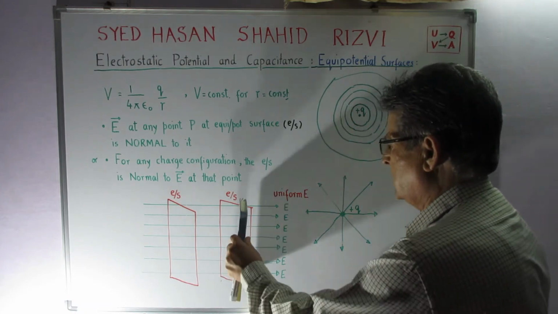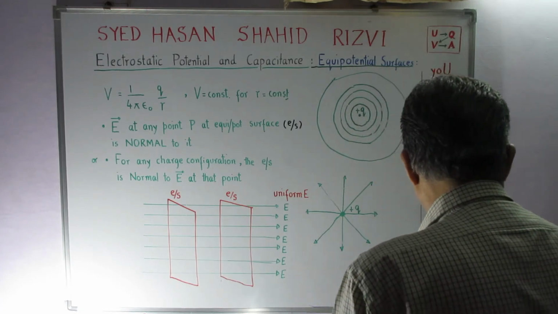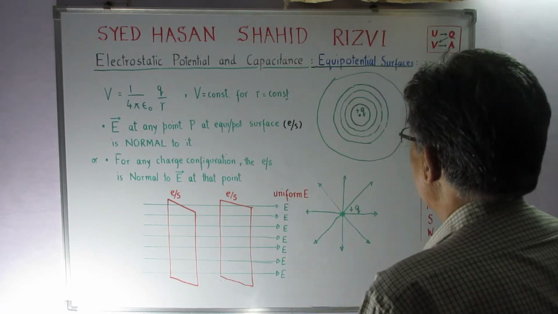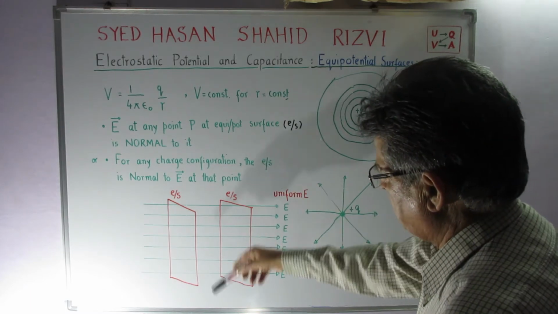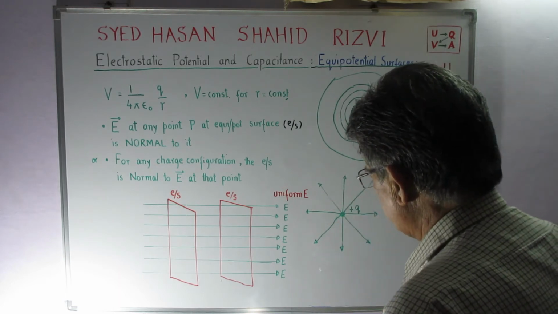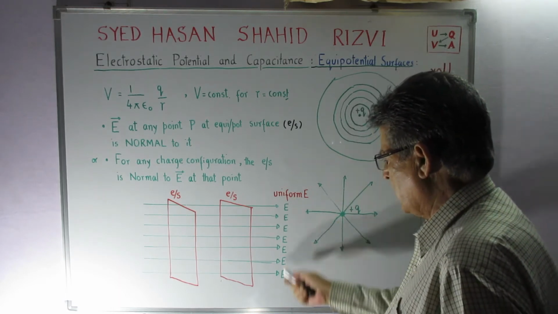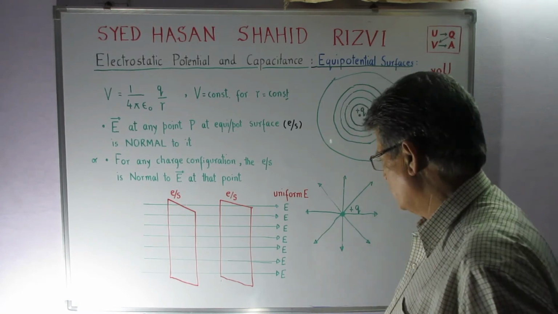So here or here, everywhere, these are equipotential surfaces, and whenever we have any section of these, of course the electric field lines are shown to be uniform, parallel and equidistant, as you know from before.